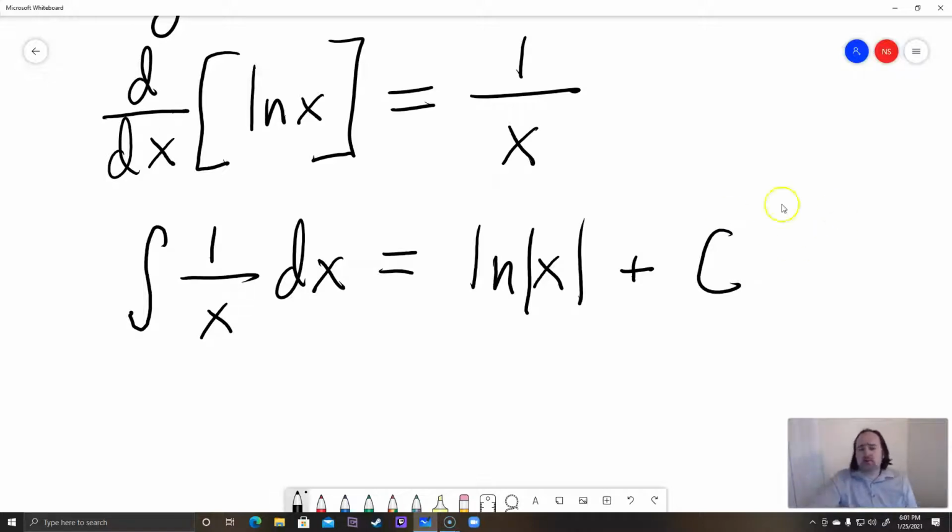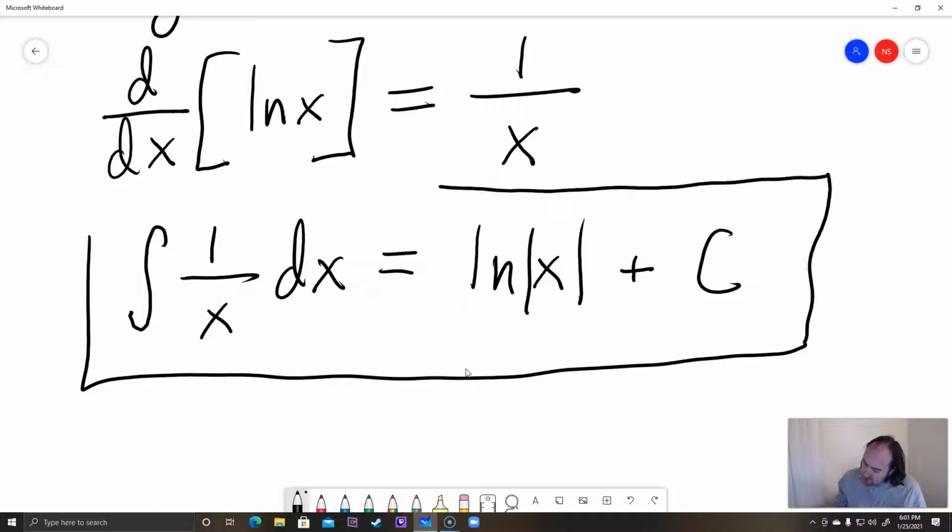Now the reason you have to put an absolute value around x is because, remember, you can't take the logarithm of a negative number, and absolute value is always positive. So as long as the absolute value is positive, we're never going to be taking the logarithm of a negative number, so we're good. So the integral of 1 over x equals ln of absolute value of x plus c.